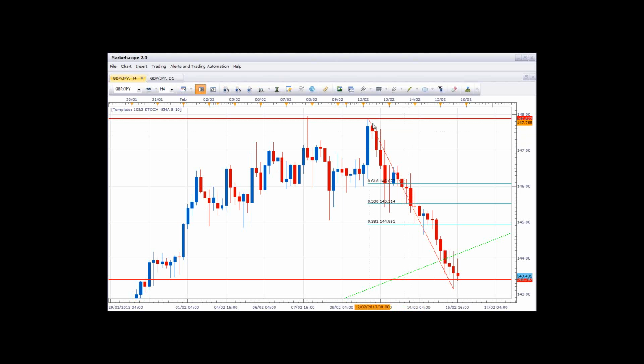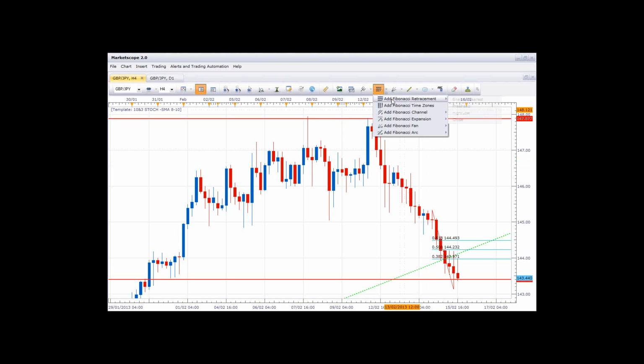So let's make this objective. Where is the last higher high, please, of the move? Awesome. So 144.23. If it breaks 144.23 or even 144.49, then add another fib, please. Don't delete what you currently do have, please, Phil. Just add another one.